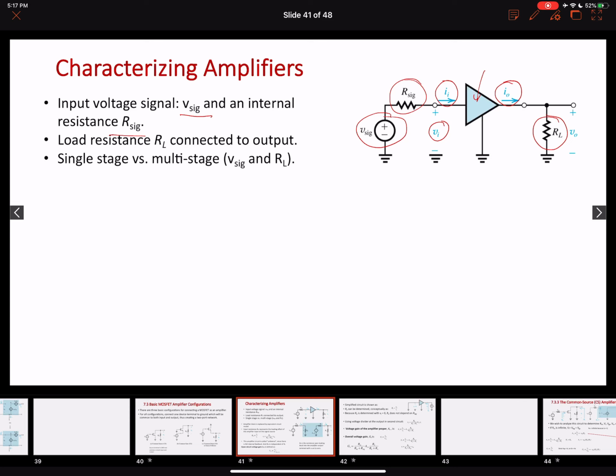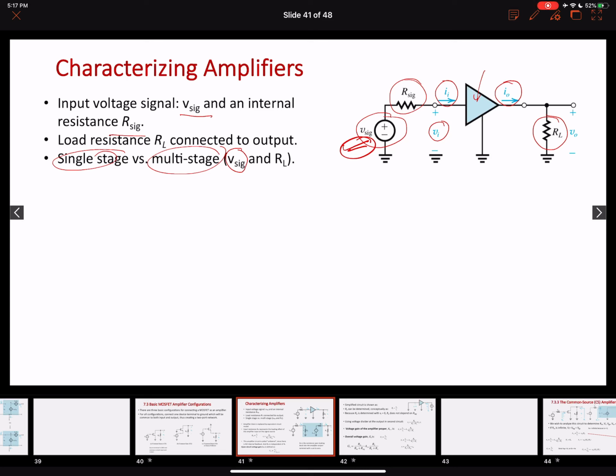We have input terminal resistance, we have a load resistance connected, and we have also seen from the earlier part of the course that while developing these amplifiers, we can make a single stage amplifier or multi-stage cascaded amplifiers in which we have multiple amplifiers connected in series with each other. So when we do that, for example, assume that we have a cascade amplifier with multiple stages. Then our V sig for the first stage will be the actual input signal that we want to amplify.